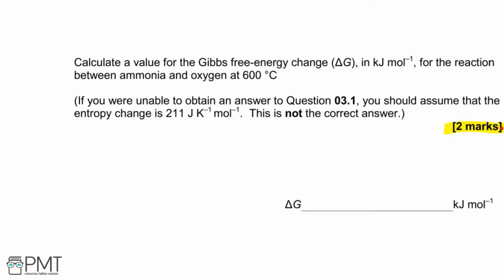So the question is worth 2 marks, which means we are going to get 1 mark for our final value, the value of the Gibbs free energy change, and 1 mark for the working.